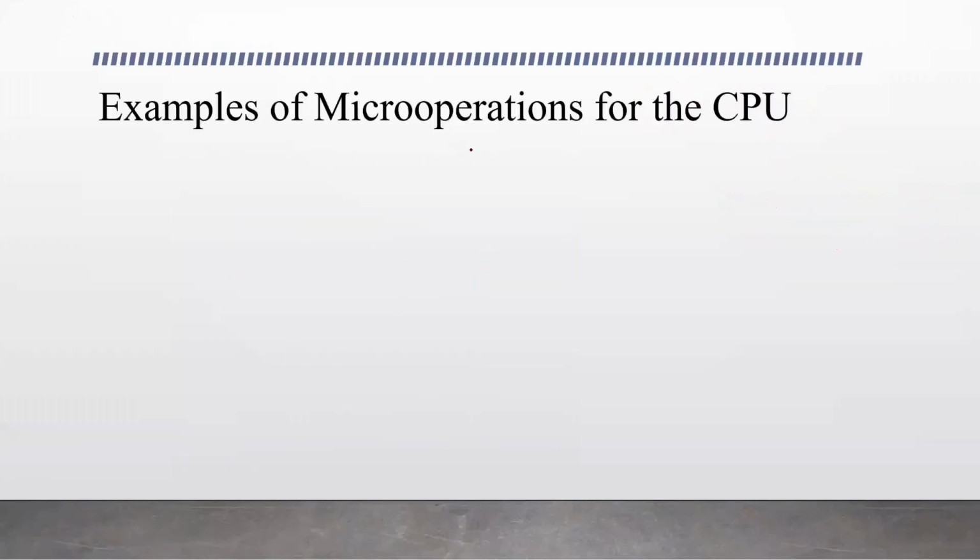We'll discuss here the microoperations for the CPU, and we will write the selection inputs and the control word here. Here is the microoperation, and selection A, selection B, D, OPR, and finally the control word.